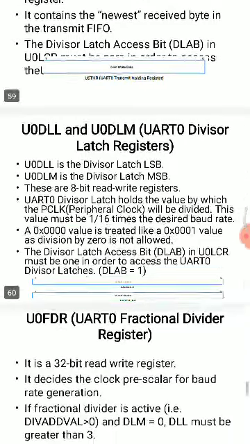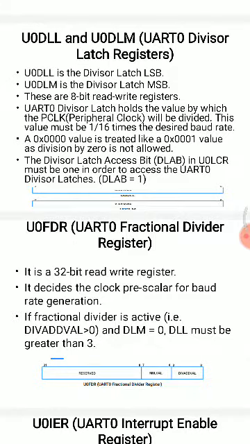The next one is the UART0 fractional divider register. It is a 32-bit register that decides the clock prescaler for baud rate generation. If the fractional divider is active, that is the fractional divider register is greater than 0, and DLM is equal to 0, then DLL must be greater than or equal to 3.